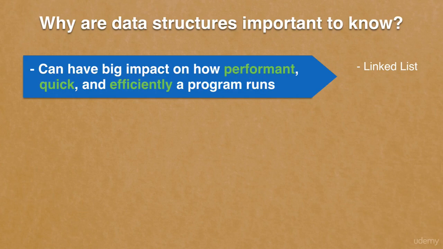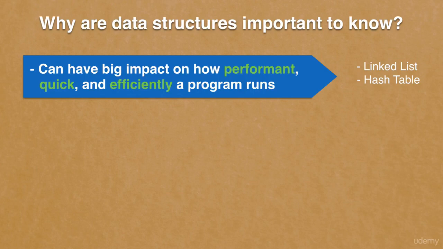On the other hand, if you want to store very recent tweets in a way that allows a lot of people to view them very quickly, you are going to want to use a data structure that can access data quickly, such as a hash table. So, as you can see, using the correct data structures in your programming can be very crucial for making your applications run smoothly, quickly, and efficiently.